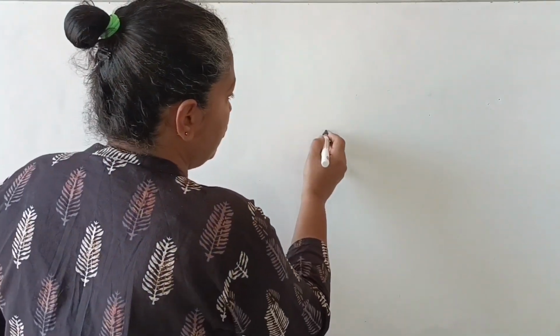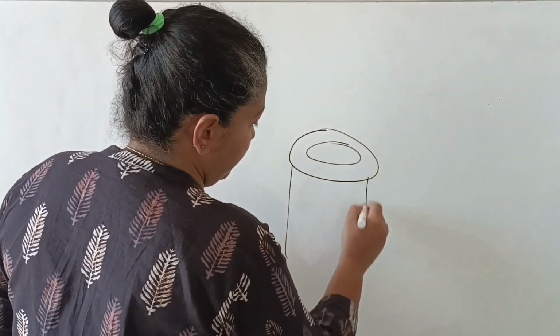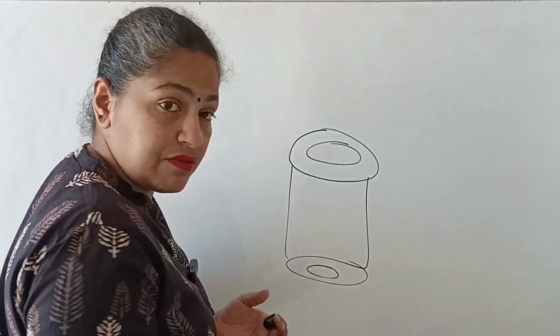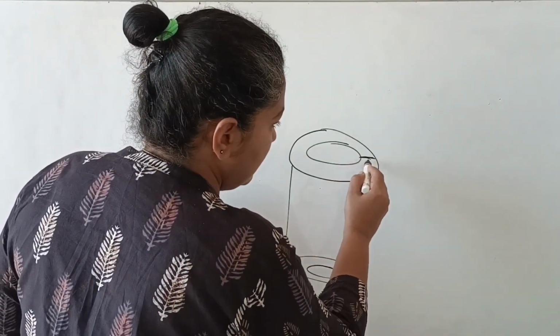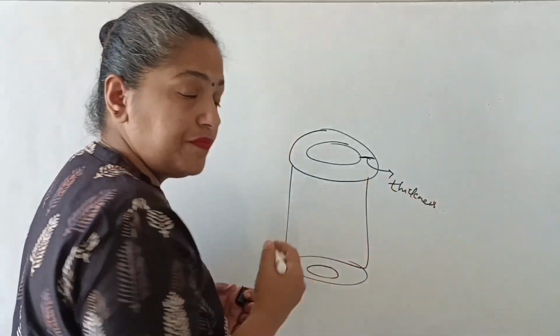Okay. Before I move on to the sums, there is one more small point that I need to make. It is very obvious from the diagram itself. Suppose you have a hollow cylinder. Right? This is the thickness. Correct?